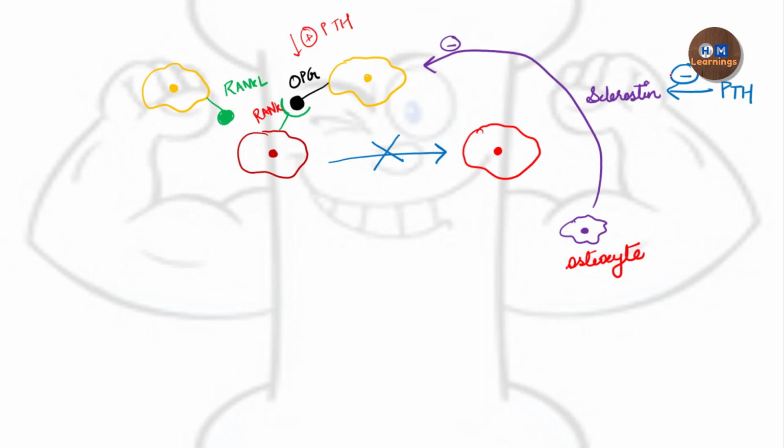But the parathyroid hormone will come and inhibit the action of the sclerostin. So definitely what will happen? The OPG expression can happen and it will inhibit the differentiation of osteoclast precursor into the osteoclast. Okay, so these are the mechanisms.